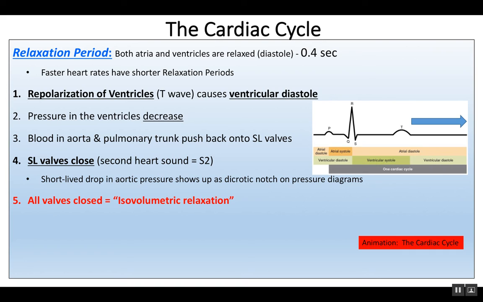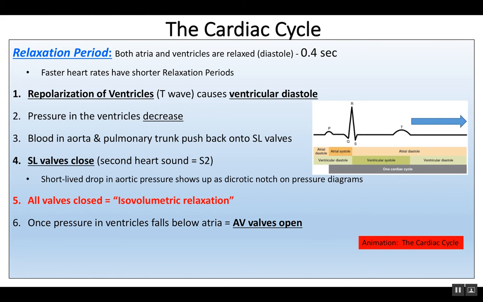All the valves are closed again because we closed the AV valves during ventricular systole. We just closed the semilunar valves during relaxation. So we have another isovolumetric period. But this one is called isovolumetric relaxation because the ventricles are relaxed, but the volume isn't changing because all the valves are closed.